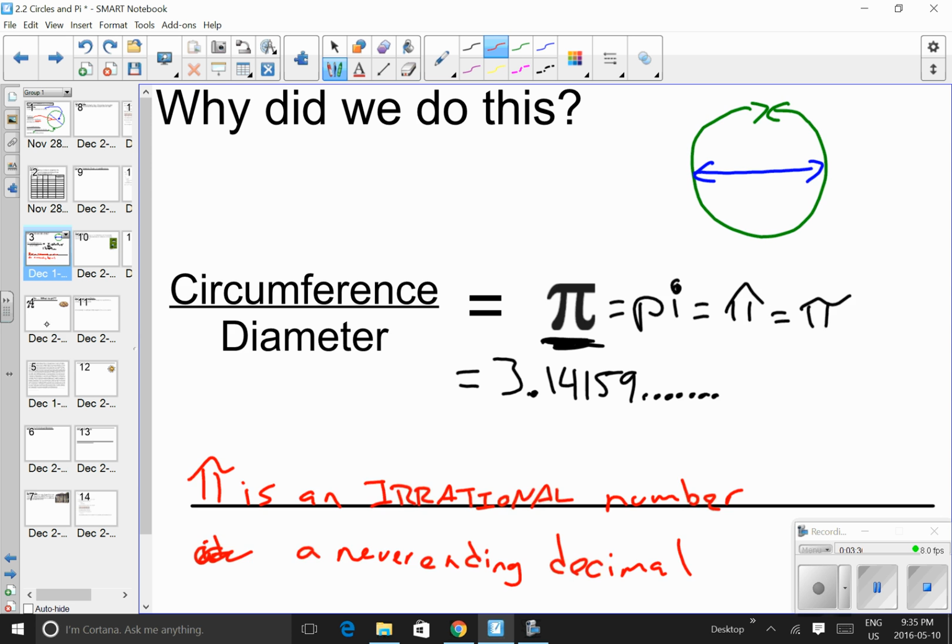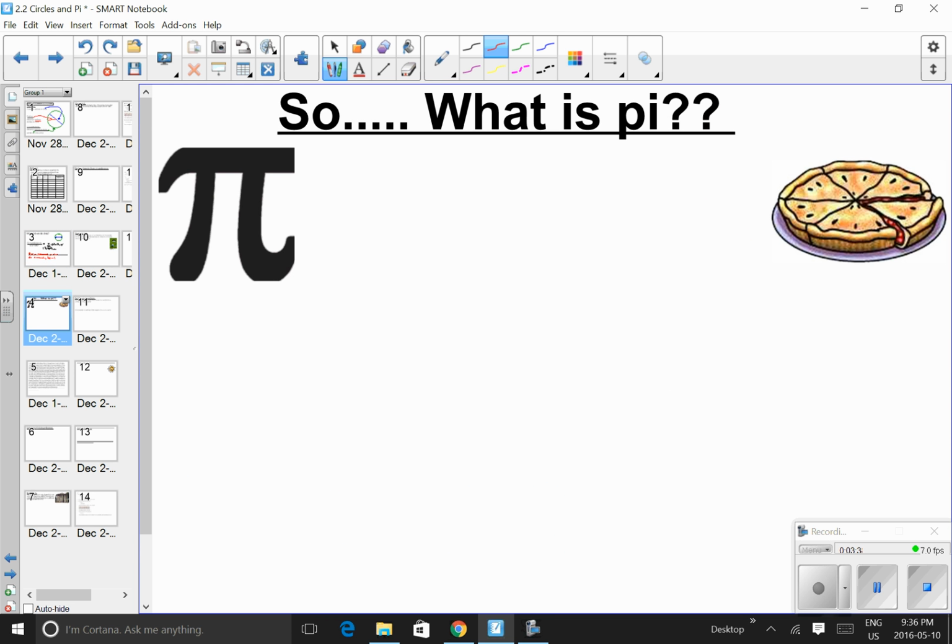Ready? So, what is pi? What's so important about it? We mentioned a couple things. One, it is circumference divided by diameter for any circle. We will use it as a tool when working with circles.